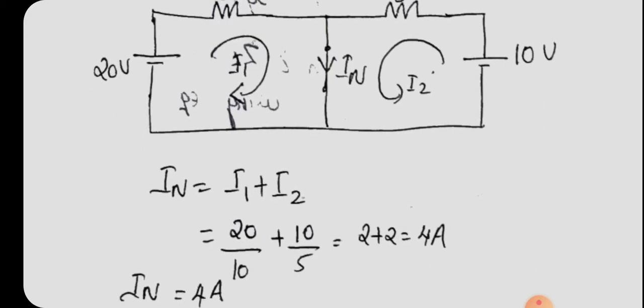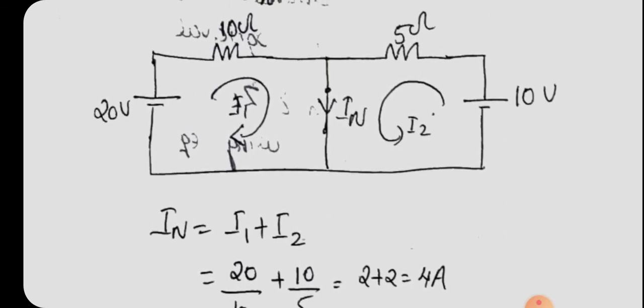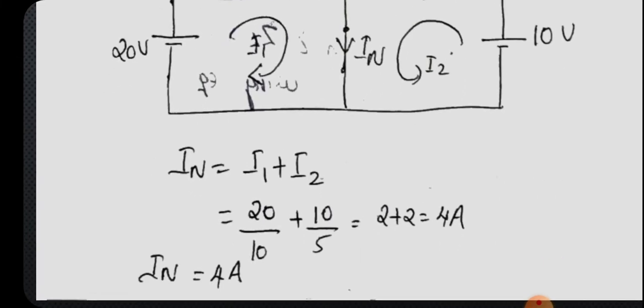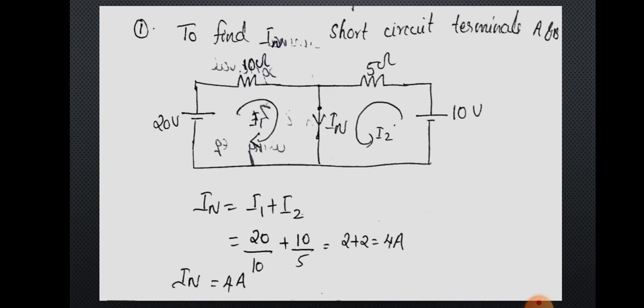So you can write that I1 will be equal to 20 divided by 10, since I1 is flowing only through the loop containing 20 volt and 10 ohm, and I2 can be written as 10 divided by 5, and we are assuming that I2 is the current flowing only through the loop containing 10 volt and 5 ohm. So I2 will be equal to 10 by 5, and IN will be equal to 4 ampere. That means we have found out that Norton's current has the value 4 ampere.